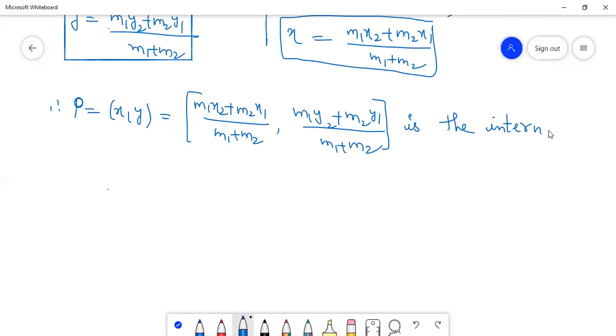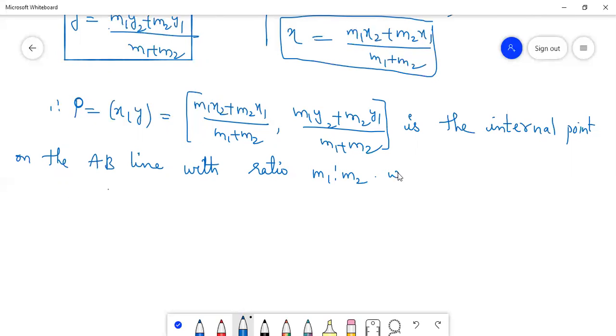the internal point on the AB line with the ratio m1 to m2, where A point is x1 comma y1 and B point is x2 comma y2.